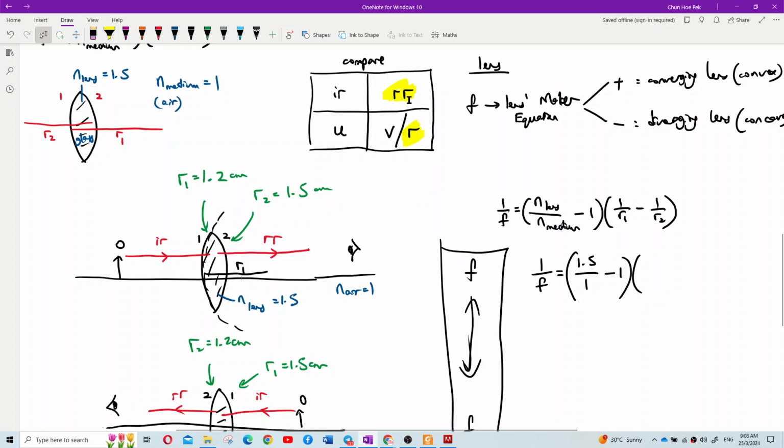Because the radius is compared with the reflected ray. Yes, same side. Same side is positive. This R1 is positive. Understand, class? So I just put in 1 over, because this radius 1 is positive, same side as the reflected ray. So radius 1, the 1.2 cm, is positive.